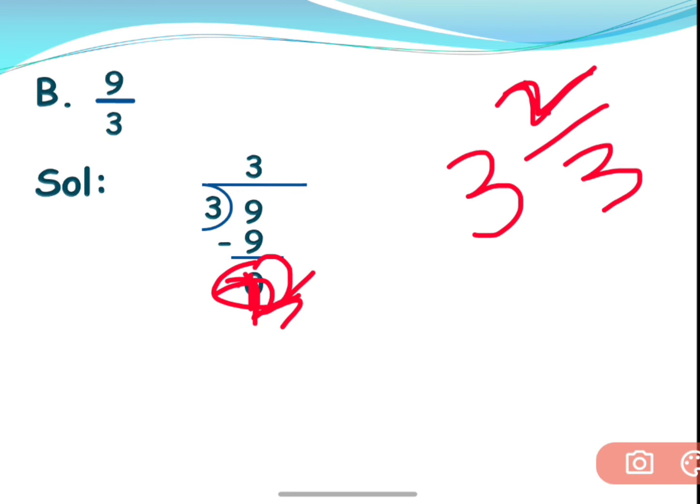Actually this should be there in your answer because we have to convert into a mixed fraction, but here it is completely divisible.